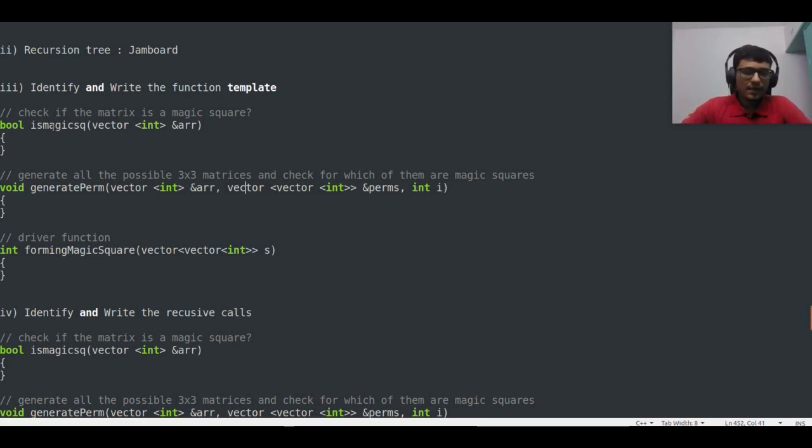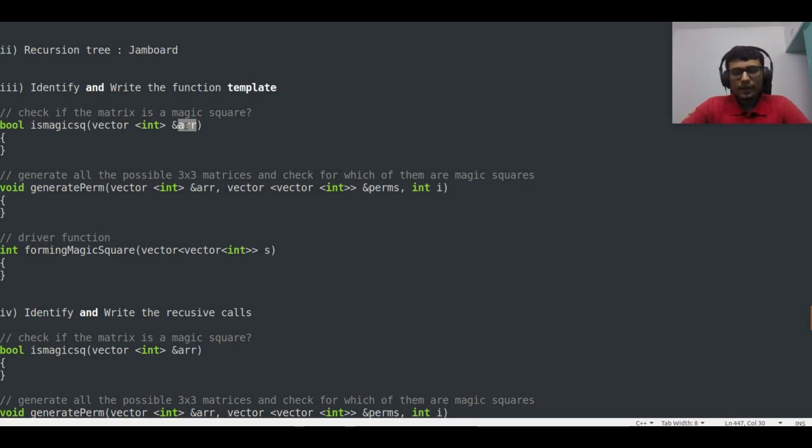Apart from that, there is this function is magic square. So this function checks whether the given input matrix is a magic square or not. So its return type is bool because it will return yes or no based on whether it's a magic square or not, and it takes the array as the input.